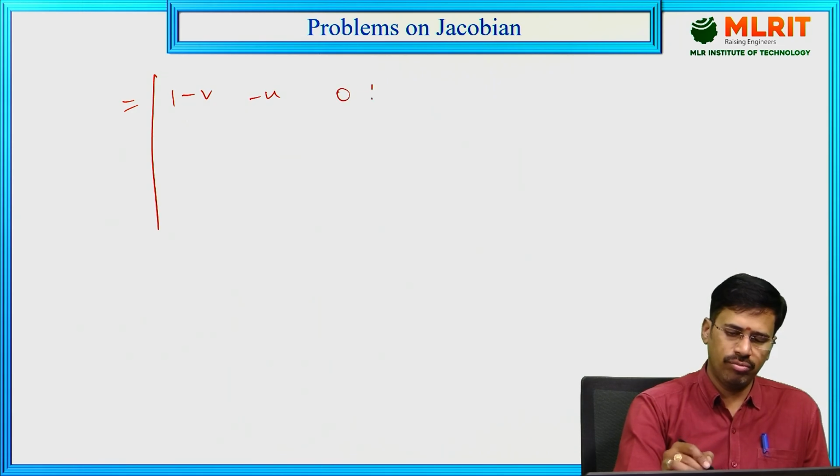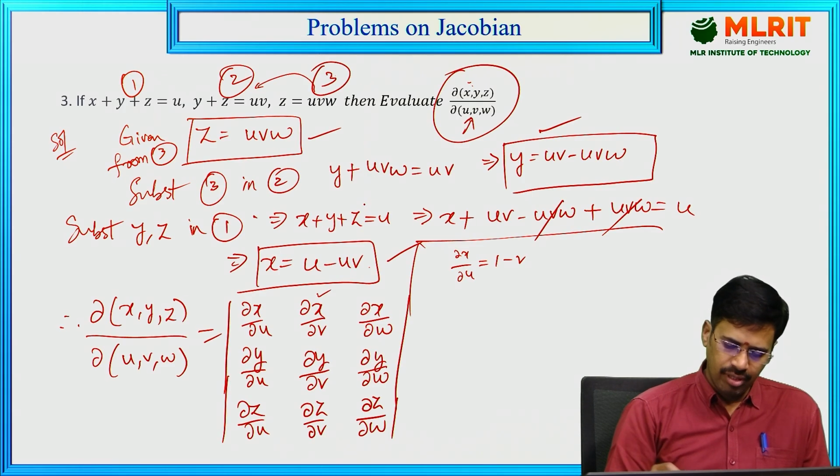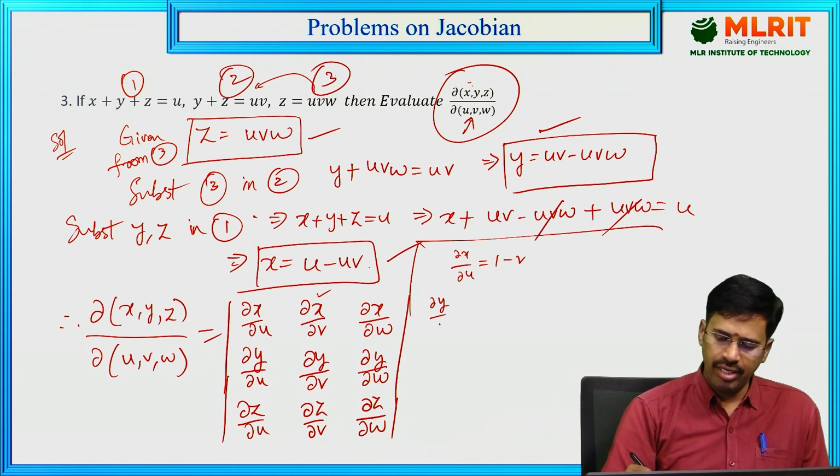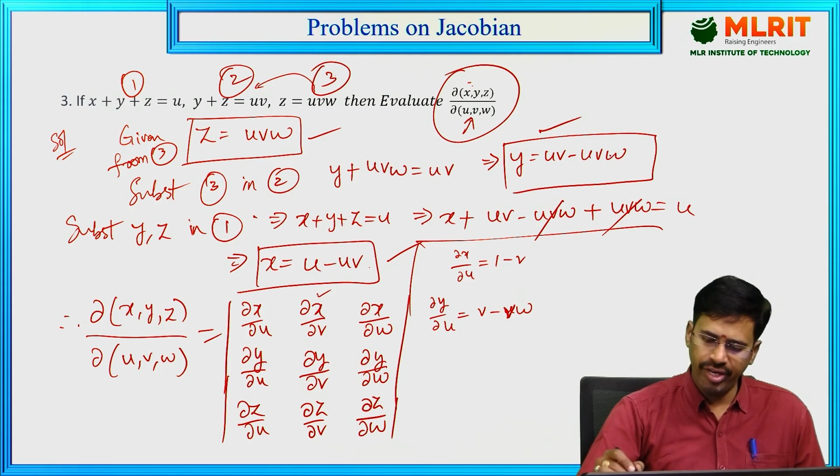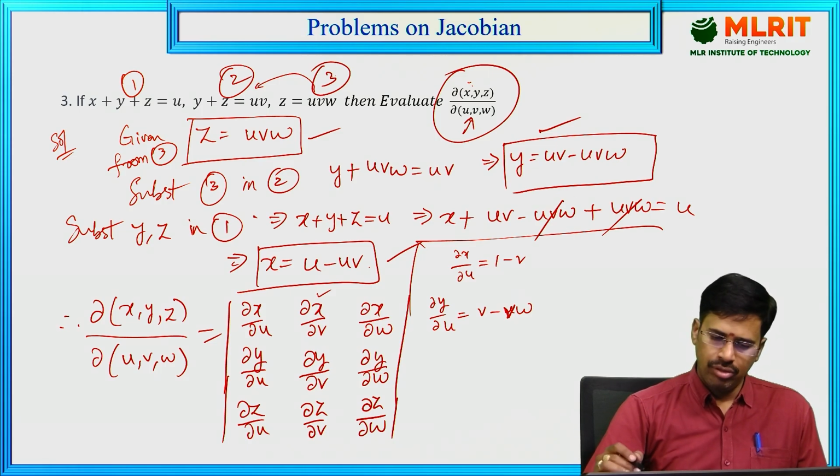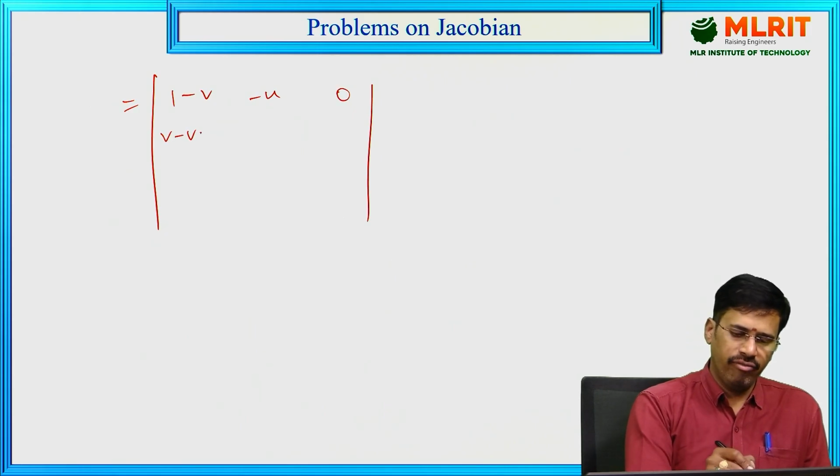Next, ∂y/∂u, differentiate y with respect to u, so what will we be getting? ∂y/∂u is v minus vw, right? The derivative of uvw with respect to u is vw, so v minus vw.